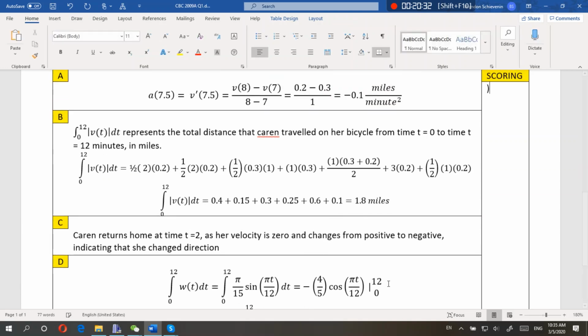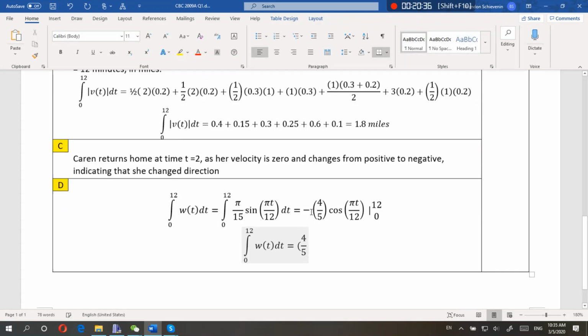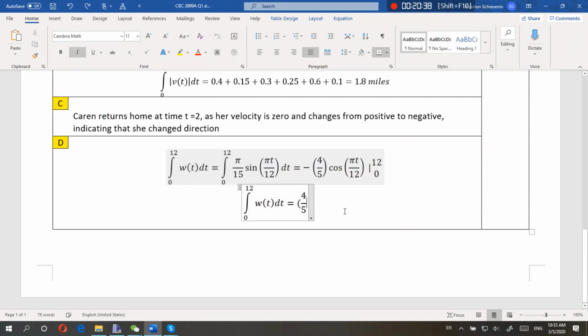Cosine 0 is 1, but there is minus, minus, or plus. Okay, cosine 0 you said was 1, so this is 4/5 plus 4/5. So 8/5. Okay, what are my units? Miles.